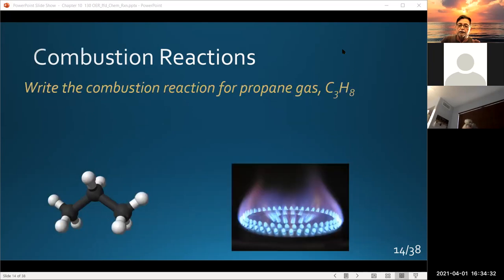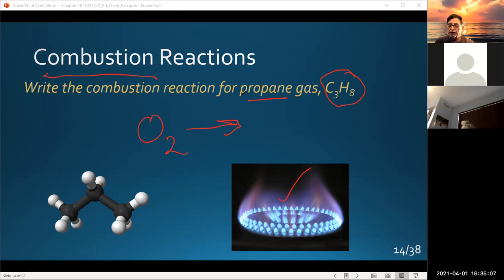Okay. Combustion reaction. All right, first things first. We talk about combustion reaction, and it's burning here. And so one of the key components is oxygen. Oxygen to burn anything, we need oxygen. Then we have a hydrocarbon here, and we recognize it as a hydrocarbon because we have nothing but carbon and hydrogen.